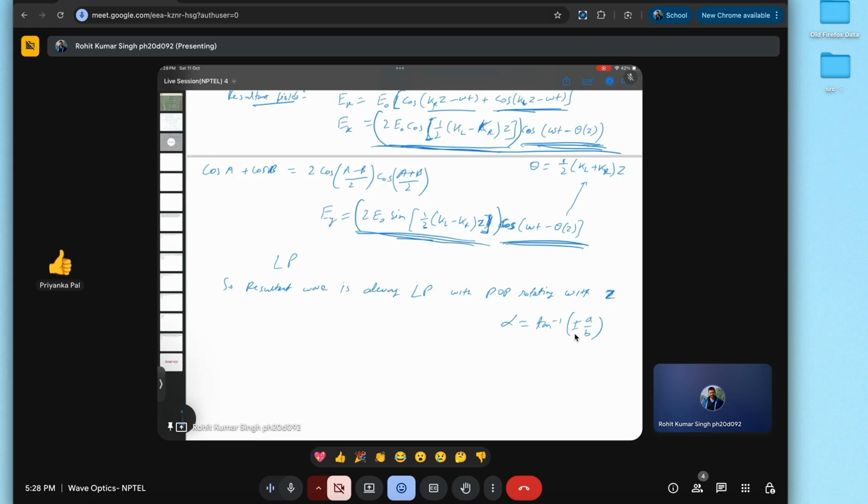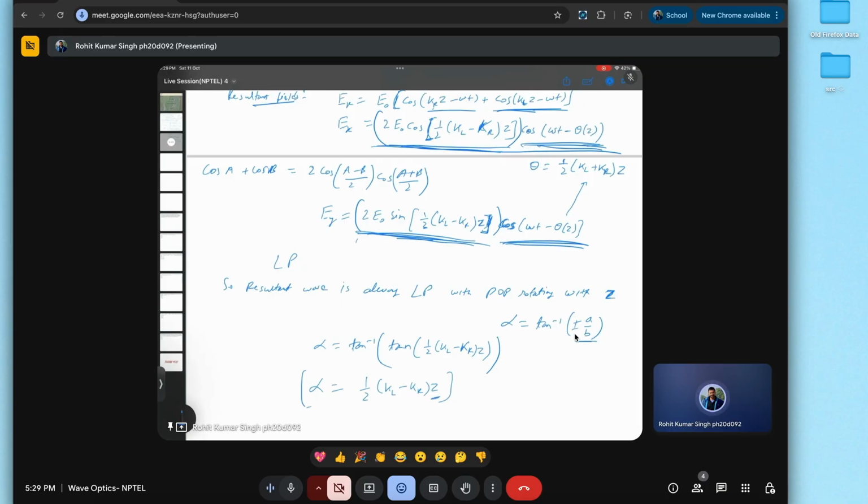And since this depends on z, we can calculate this, right? So alpha is tan inverse, so a by b is basically this quantity divided by that quantity, so it's tan of half kl minus kr z. So tan inverse tan will be just half kl minus kr z, okay. So you see this alpha depends on z, okay.